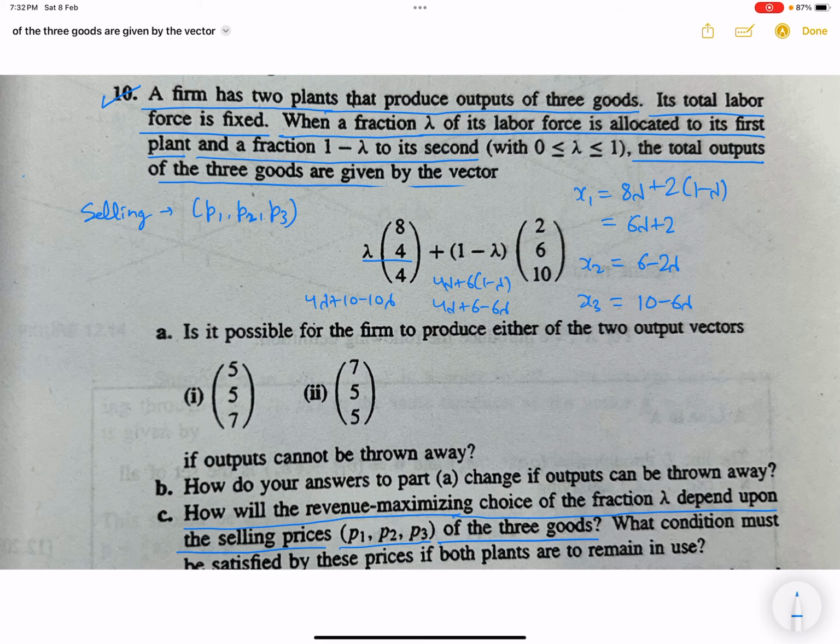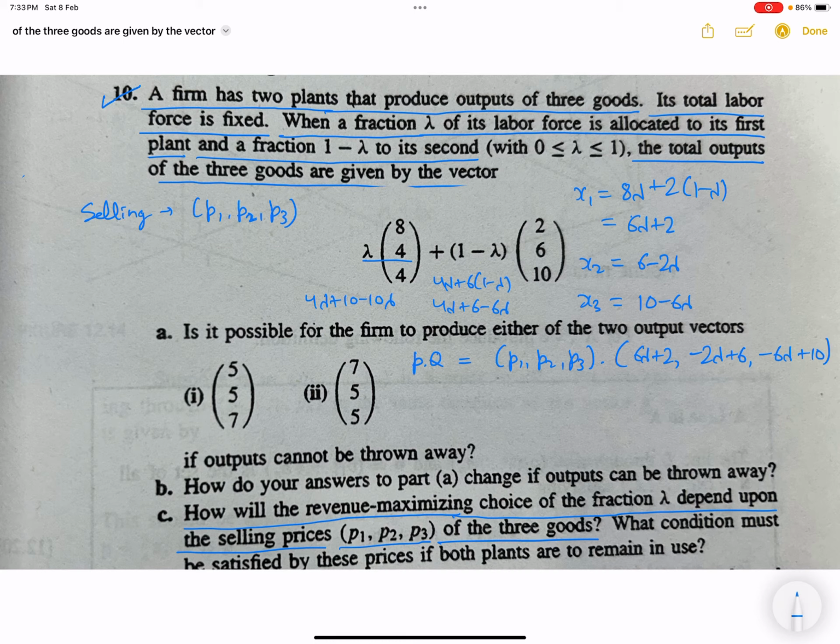So now the total revenue would be price into quantity, which is the dot product of P1, P2, P3 with x1, x2, x3. Now x1 is 6 lambda plus 2, x2 is minus 2 lambda plus 6, and x3 is minus 6 lambda plus 10.